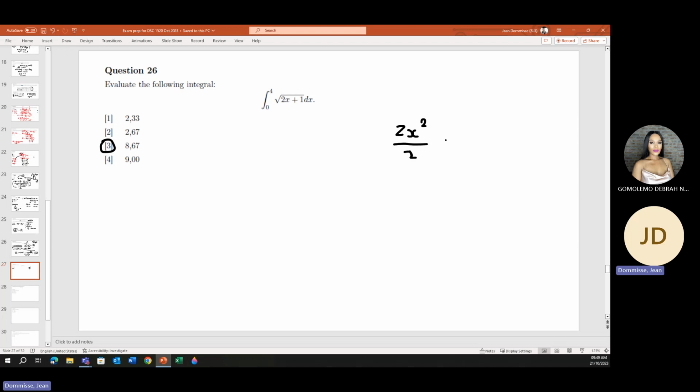So if we did this, that would have been x squared plus x. Okay, so if we put in 4, 4 times 4 is 16, so we get 20. I just, on the side, want to work it out. So why do I not get that? What did I miss?